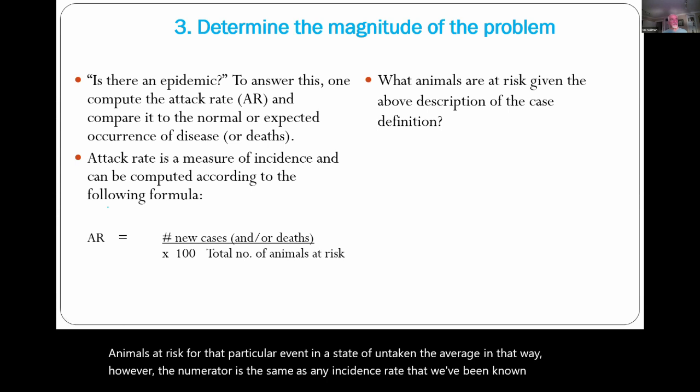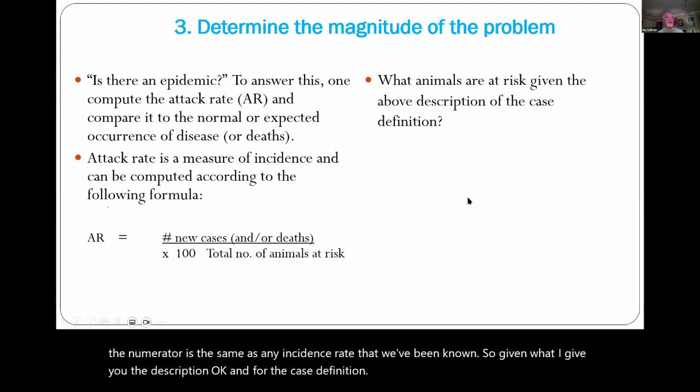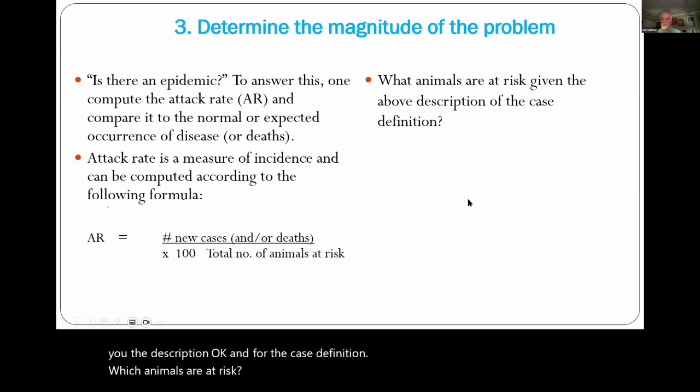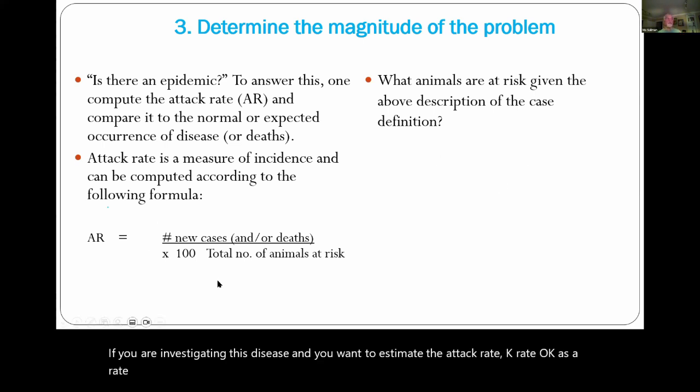So, given the description I gave you and the case definition, which animals are at risk? If you are investigating this disease and you want to estimate the attack rate as a rate, okay, what do you consider your denominator in this situation?